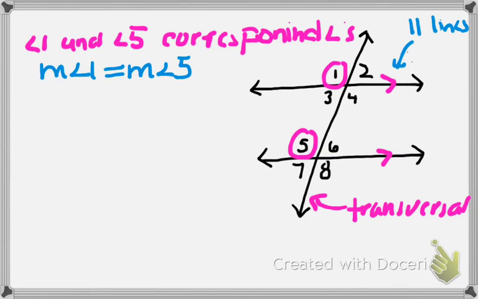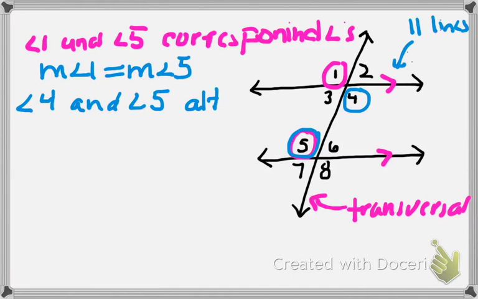The other pair of angles we want to make sure we focus on happens to be angles 4 and 5. So angle 4 and angle 5 are called alternate interior angles.